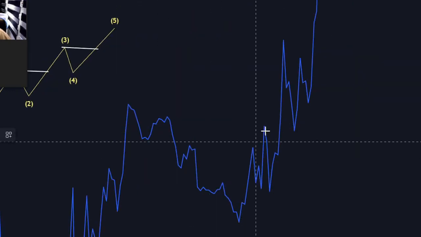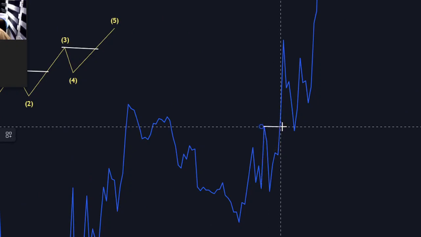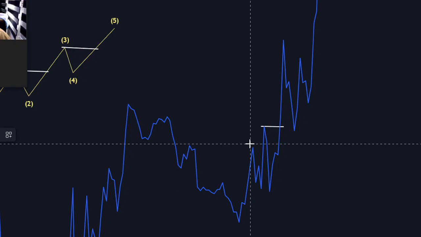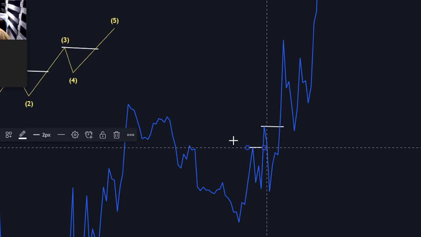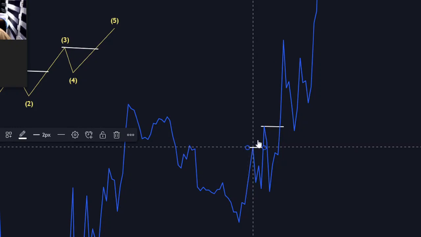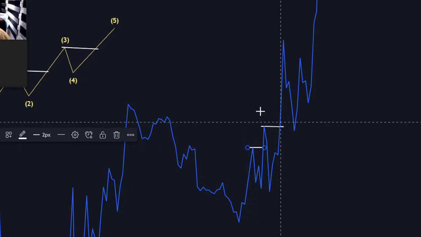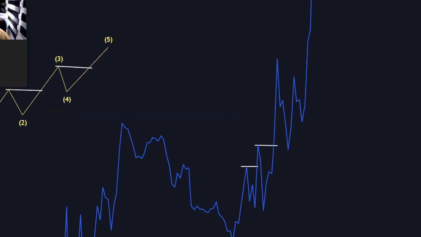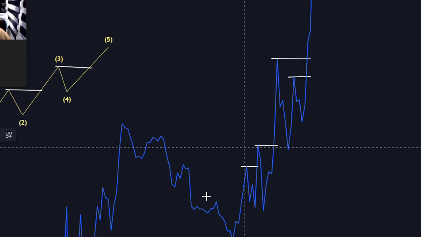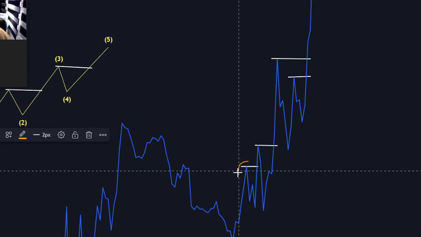You could see that this V type of shape, it broke the V, it closed above, it first closed above, it closed above.